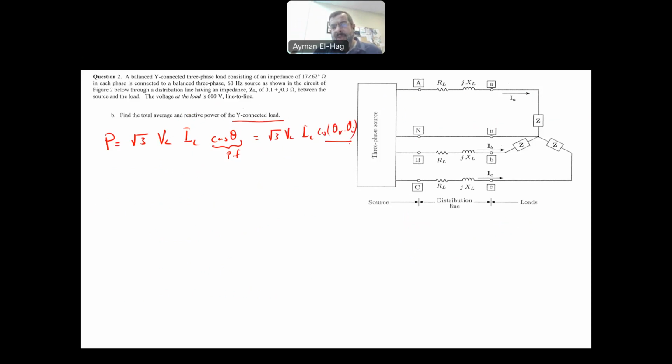And here we have to be very careful because the angle that we have to use here, theta V and theta I, is the angle of the phase impedance.